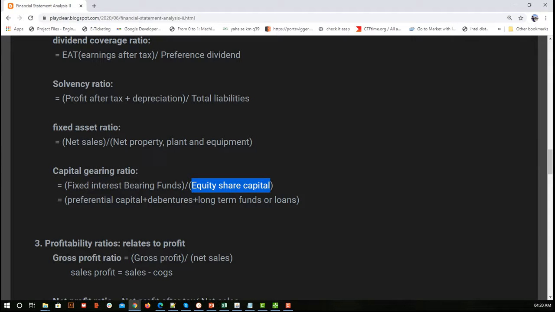Equity share capital means the capital which I got from the shareholders. So based on this, I can say how much debt I have as compared to equity. So the lesser it is, the better it is, because the amount that I'm paying is in the numerator. So the more I decrease this value, the more the ratio is going to decrease and the better it is.